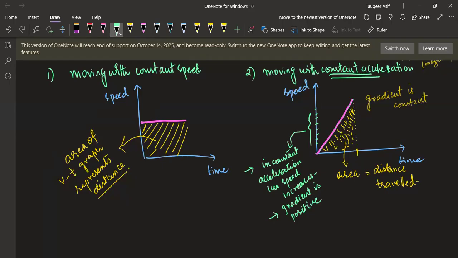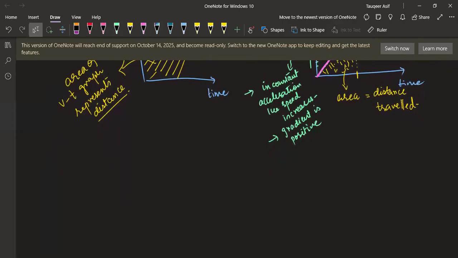Now, if I say that the acceleration increases, there could be another possibility that the acceleration increases and the body is speeding up, right?